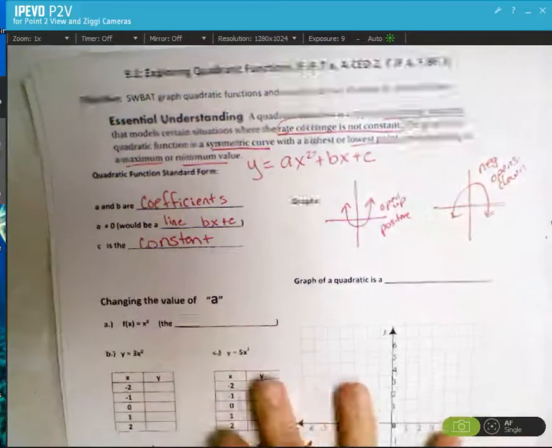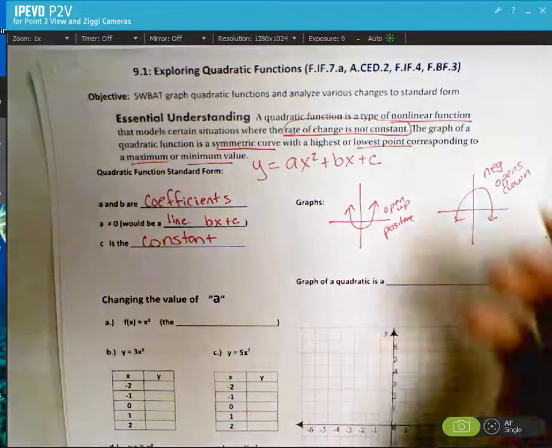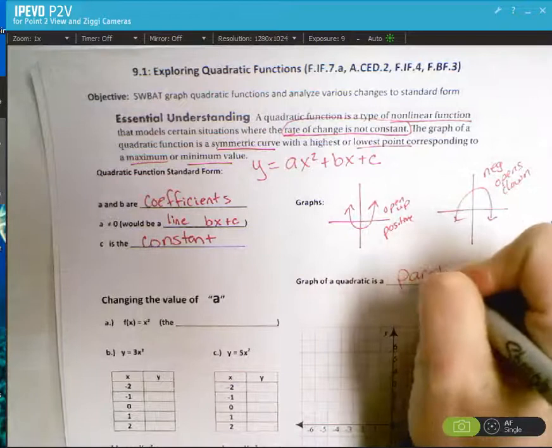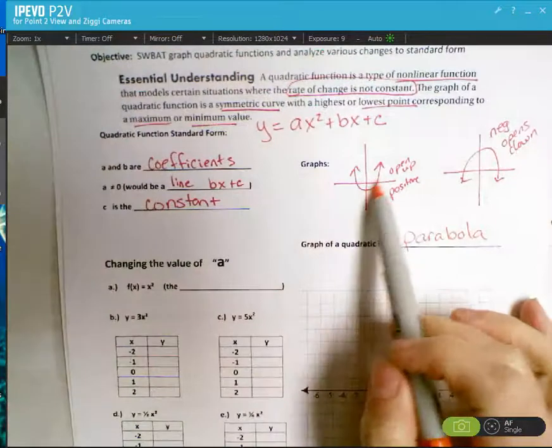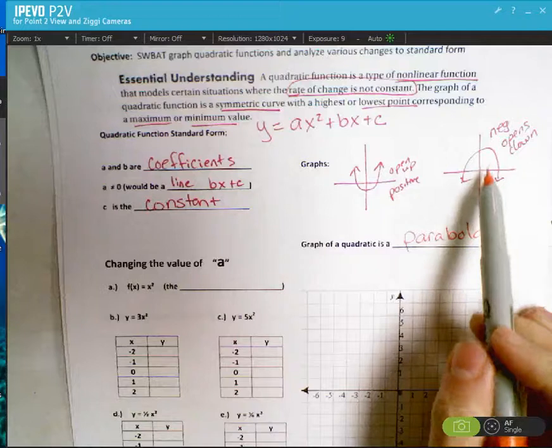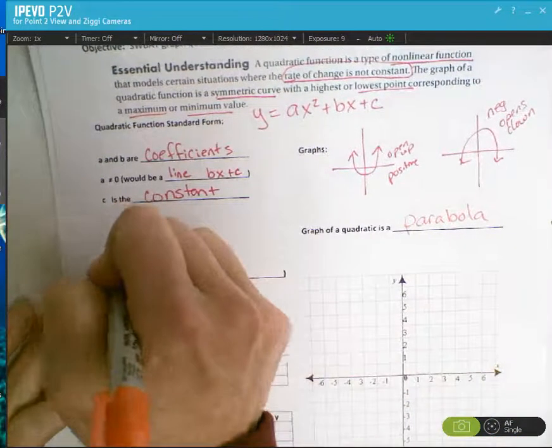We'll take a look at what makes them open up or down as we go through today's lecture. The shape that this makes is known as a parabola in fancy math words. So it's either a smiley face, happy face, or it's a frown, sad face when it opens down.